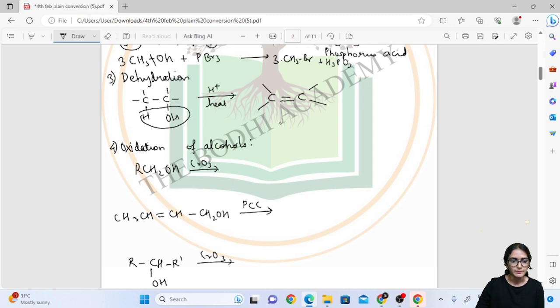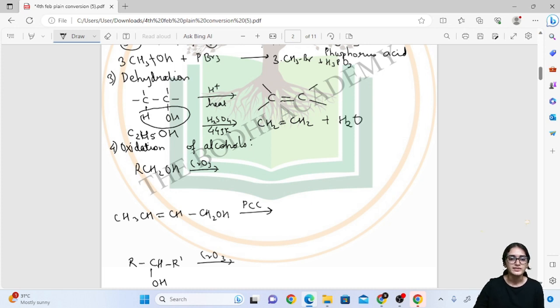If I take an example, we will write C2H5OH. Ethanol, when it is treated with H2SO4, which gives us the H plus ion, at 443 Kelvin temperature, what we will get is CH2=CH2, that is ethene, plus a loss of water molecule.